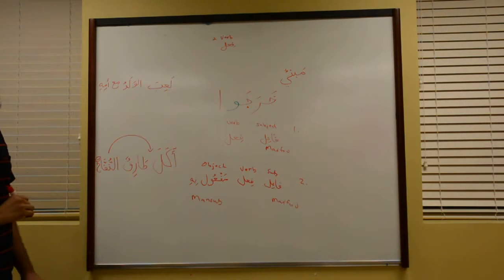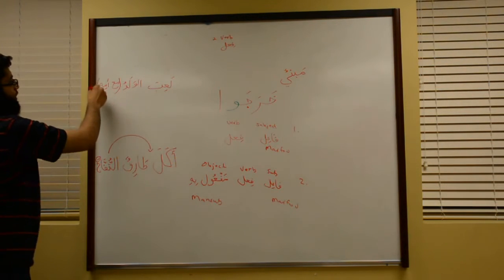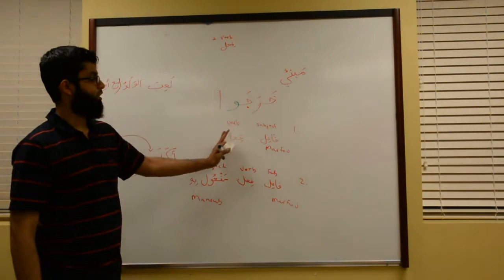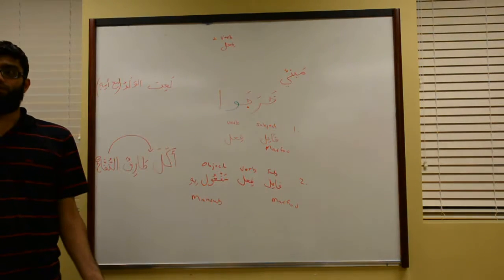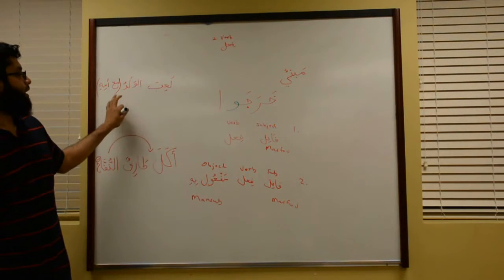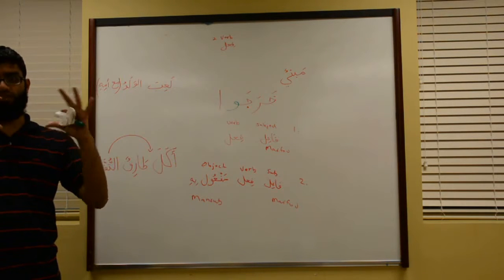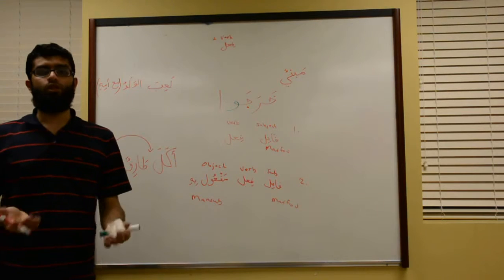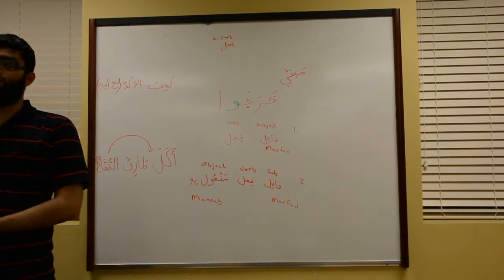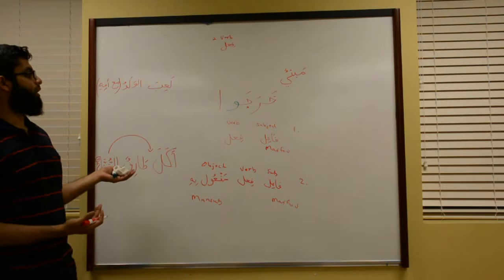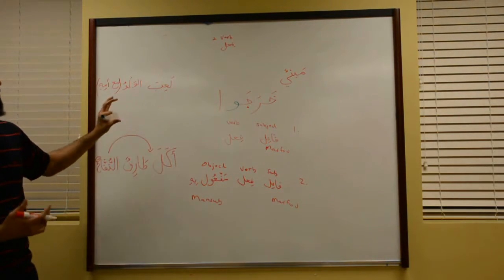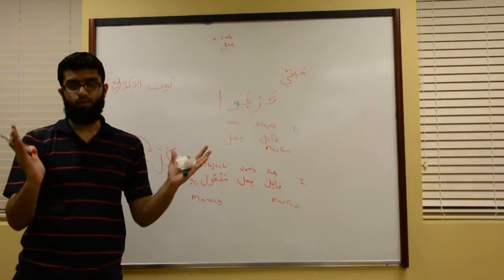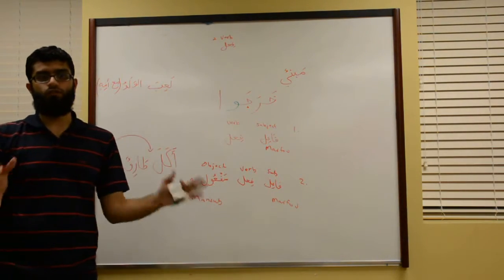When you have a prepositional phrase, it doesn't affect the subject-verb or subject-verb-object placement. It can go anywhere, but it's its own self-contained thing. I can say kharaja, or kharaja ila al-masjid, or kharaja min al-bayt. It doesn't matter. Whenever you see a harf jar and an ism majroor, you just put parentheses around it. This is separate, and it's going to follow its own rules.